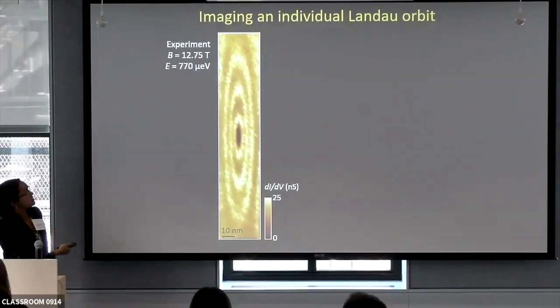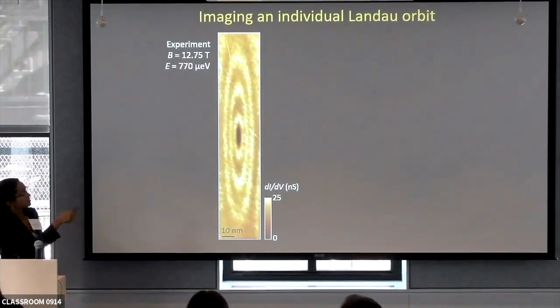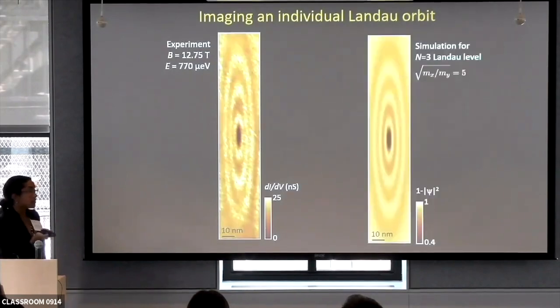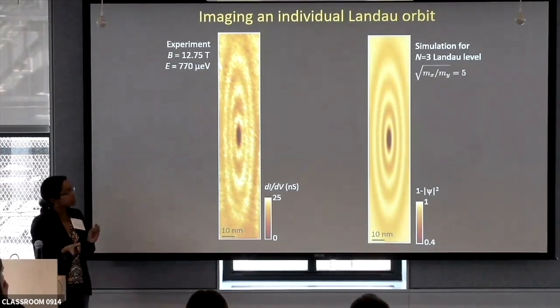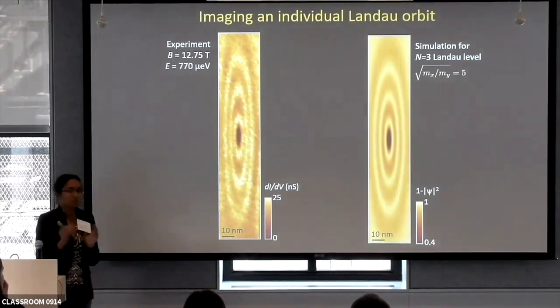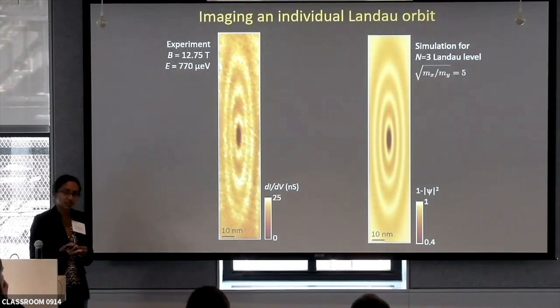So this is an image of just one of these individual ellipses, which is an individual Landau orbit. And what you can see is there are actually several rings that correspond to the different nodes in the wave function. And it matches very well to a simulation for the n equals 3 Landau level, where the only free parameter here is the ellipticity of it that comes from the ratio of the effective masses in the Fermi surface itself.